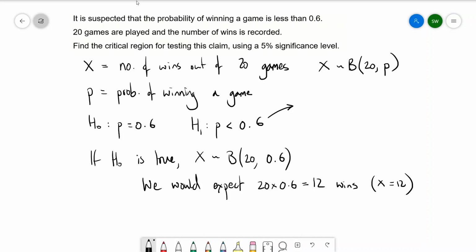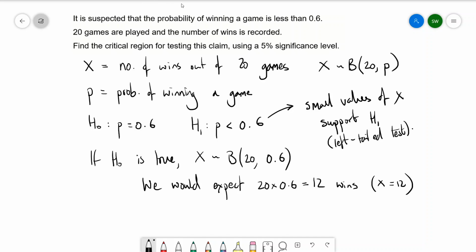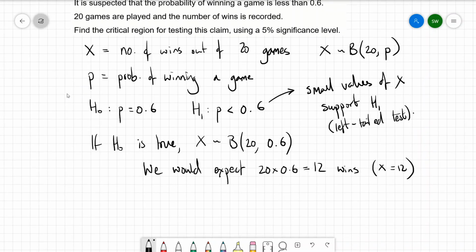So here, small values of X support H1. And by small values of X, we mean significantly less than 12. And because of this, this is what we call a left tail test, because we're looking at the left, the small values of the distribution.